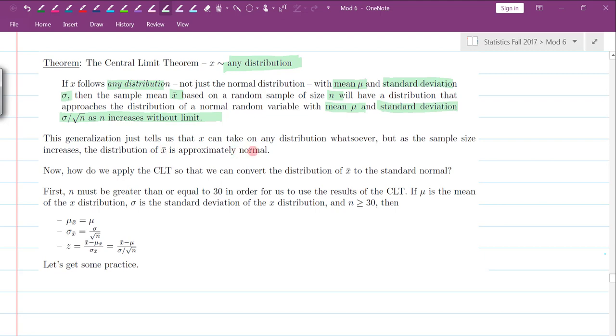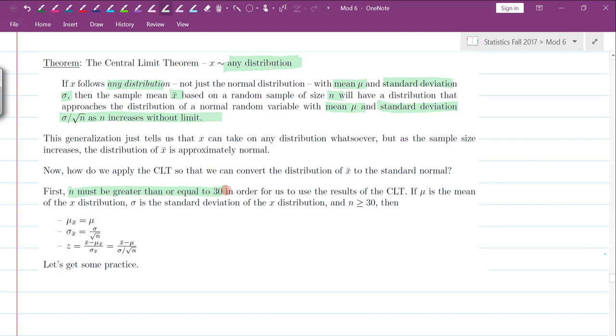How can we apply the central limit theorem? This is known as the central limit theorem, so that we can convert the distribution of x bar to the standard normal. First, n must be greater than or equal to 30. Very important. If your sample size is less than 30, we must know that we're dealing with data from a normal distribution.